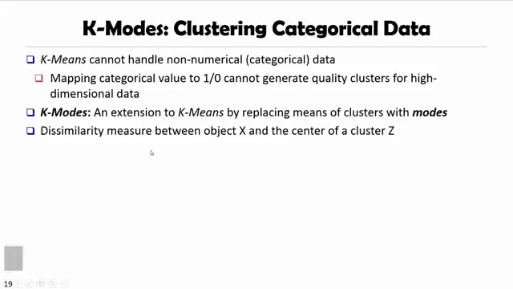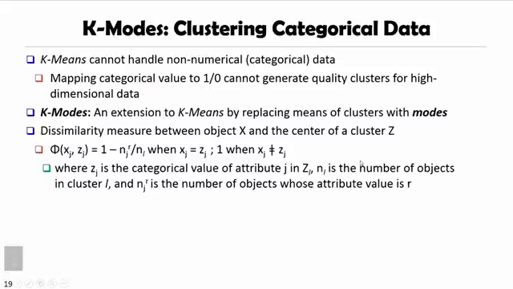The dissimilarity measure between object X and the center of a cluster Z is written as follows. This is the dissimilarity, or we can say the distance measure, distance function. For the j-th field of object X, that means X sub j, and the j-th field of the cluster center Z, what's the distance?